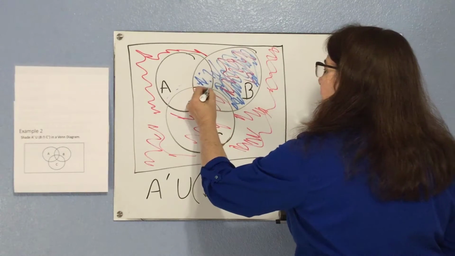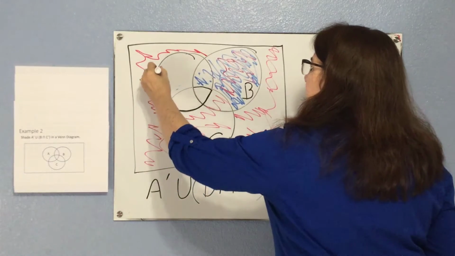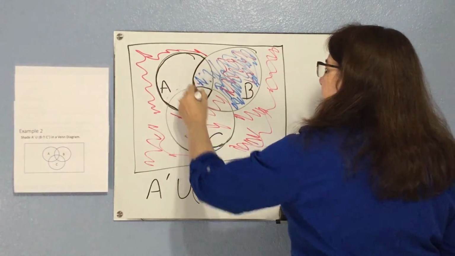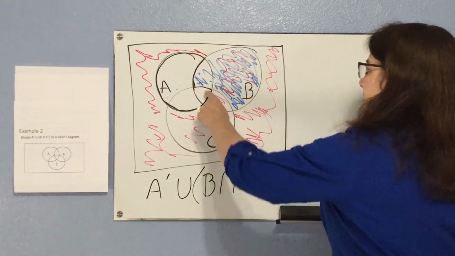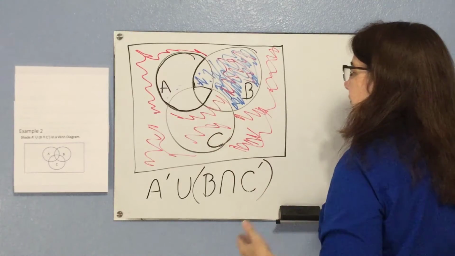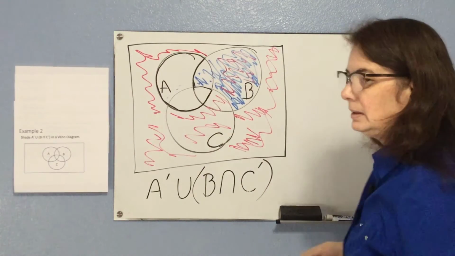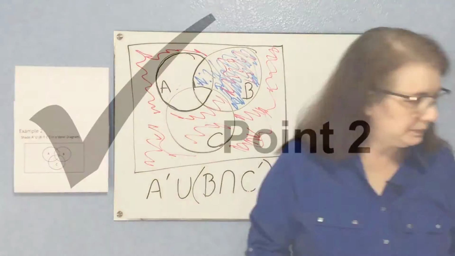And this is the part that is not part of my answer. This piece of A that is not in B, and this little section that's also in both A, B, or all three A, B, and C. So pause the video now and work on checkpoint 2.